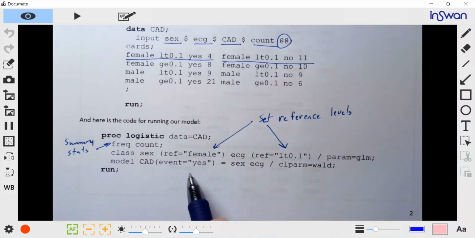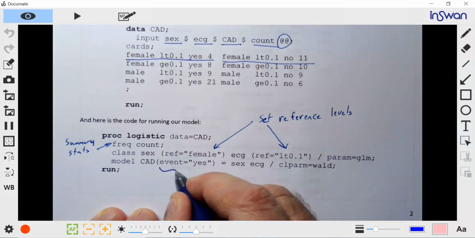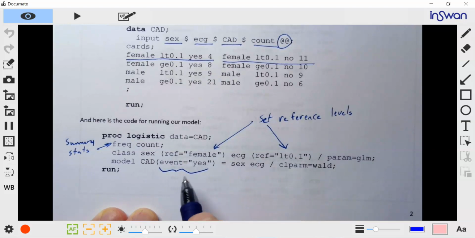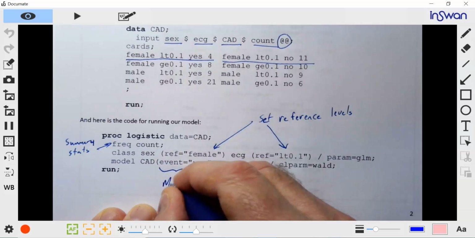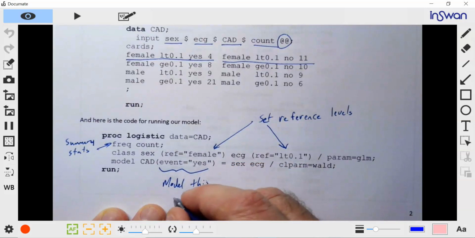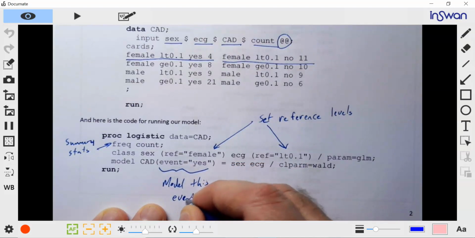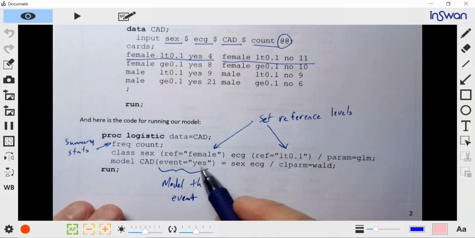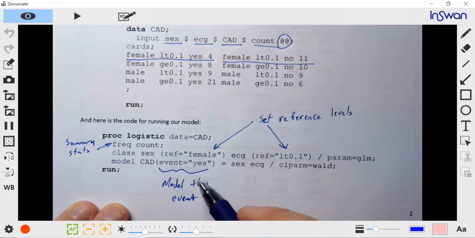So if I didn't specify anything for the level of my response, SAS would model the probability of no CAD, which is fine as long as you know that. You have to know what SAS is modeling. I wanted to model the probability of yes CAD.